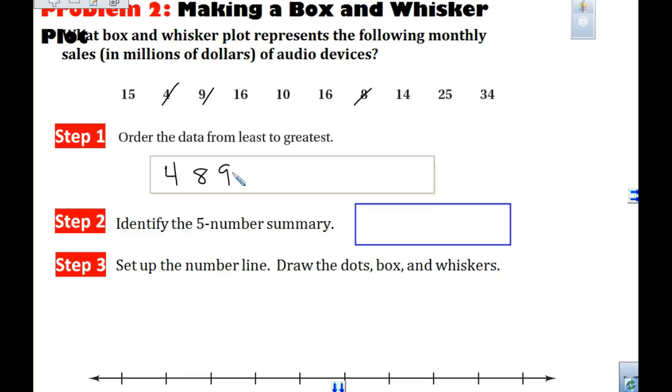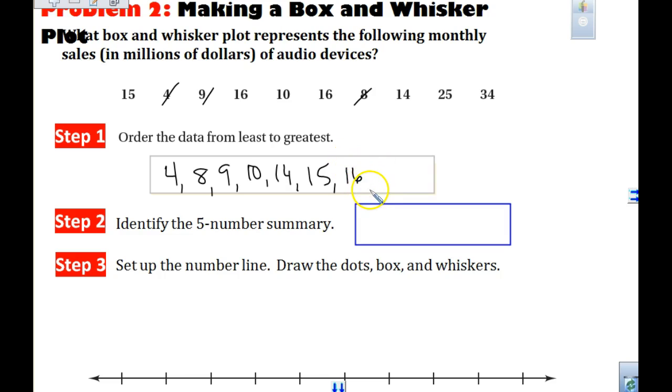So 4, 8, 9, 10. Did you have 14, 15, 16, another 16, 25, and 34.